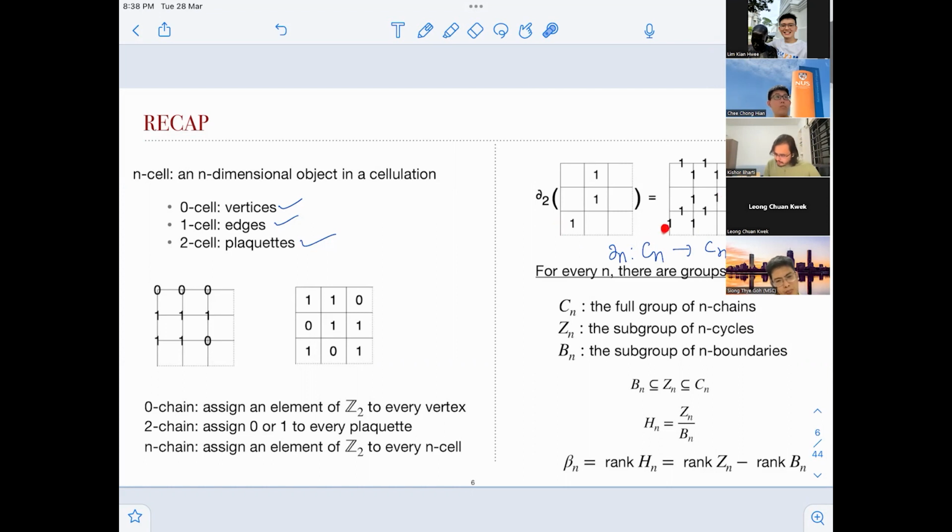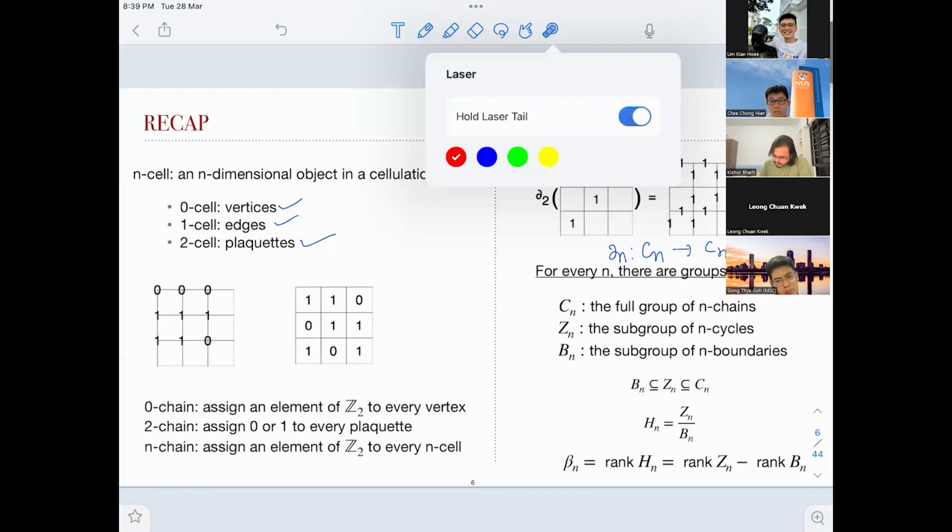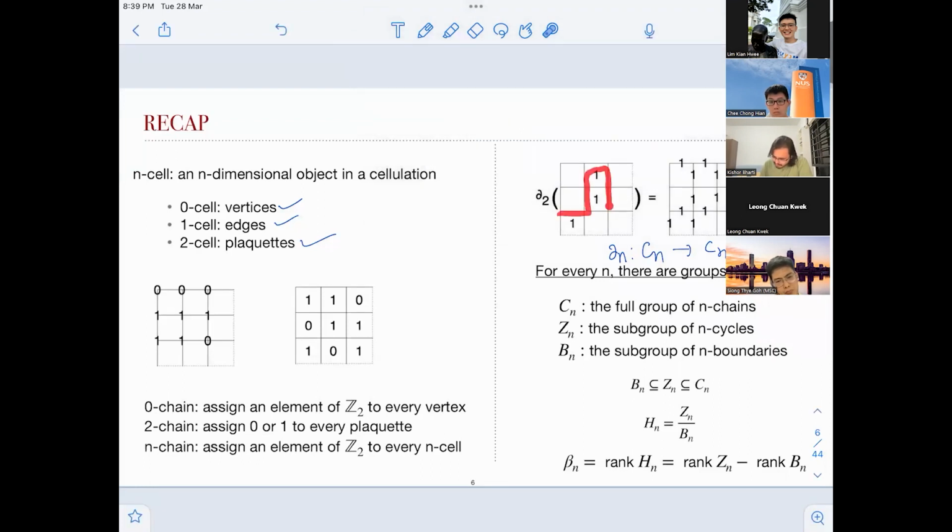You can see that this will be the boundary. So that's what you get here. Very nice.